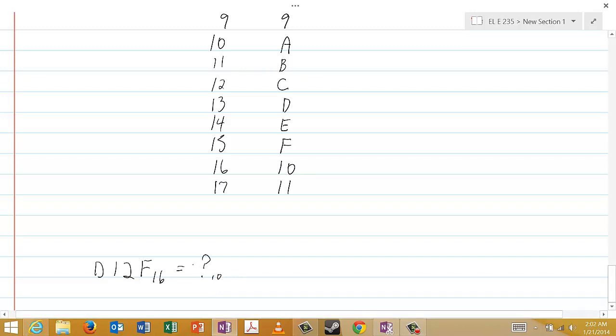Well, we can number our positions, and so this is equal to D times 16 to the third power plus 1 times 16 squared plus 2 times 16 to the first power plus F times 16 to the 0th power.